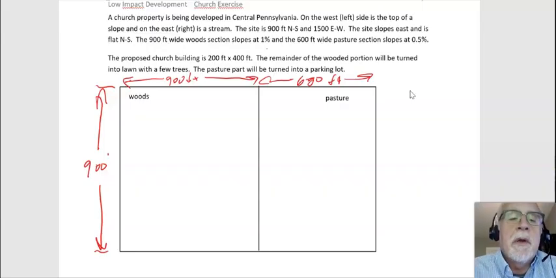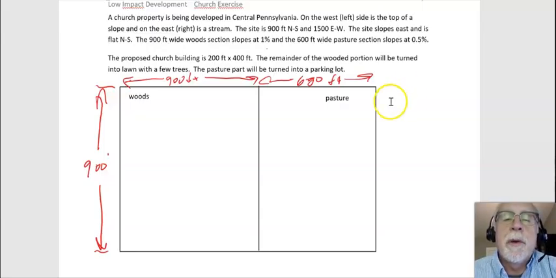Right now, the upstream, up gradient part is woods, and the lower gradient part is pasture. The slope is 1% on the woods part and 0.5% on the pasture part.